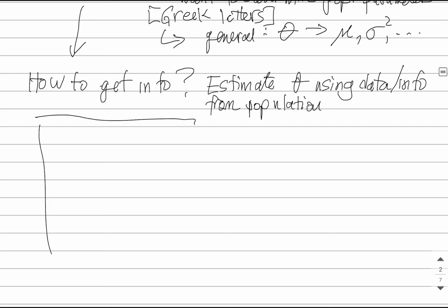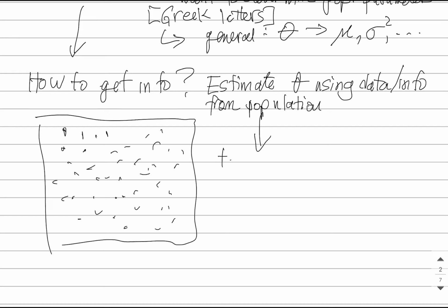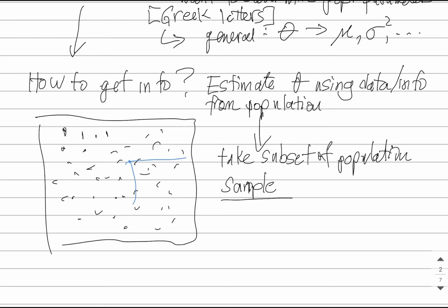If we've got our population, we take some sort of subset of the population. This is called a sample. You decide to choose some small grouping of the population. The sample has a size that's different from the population. There's a huge amount of work that goes into sampling, and there are many, many different sampling techniques.